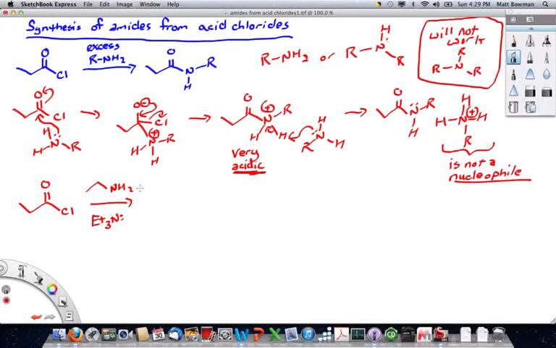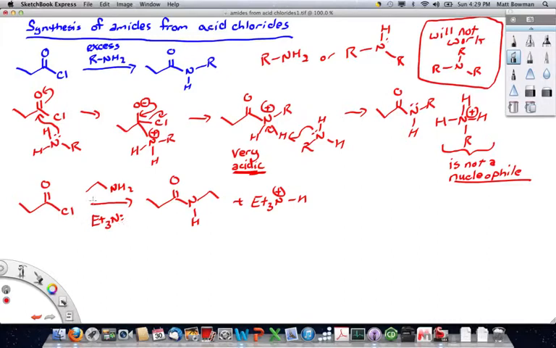Triethylamine is very cheap, and so it's usually the one that's used in this. And as a result, you get this, plus the protonated triethylamine.